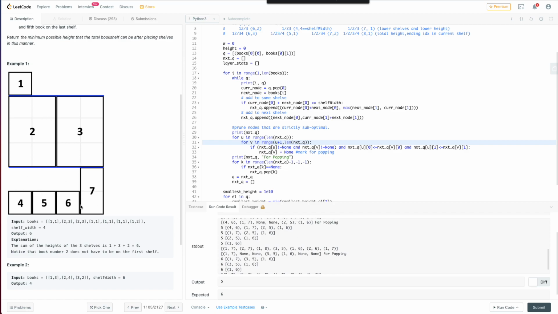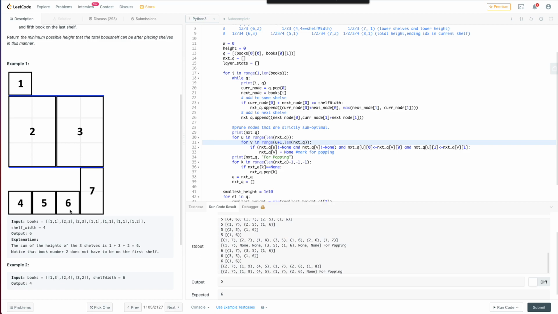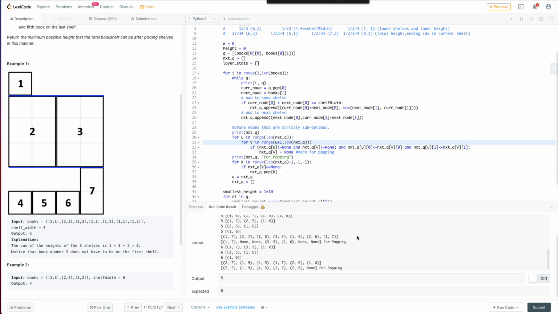Two 5 is, yeah, 3, 5 is okay. And then 1, 6, and then this is the last layer generated on 7, which is 1, 2.